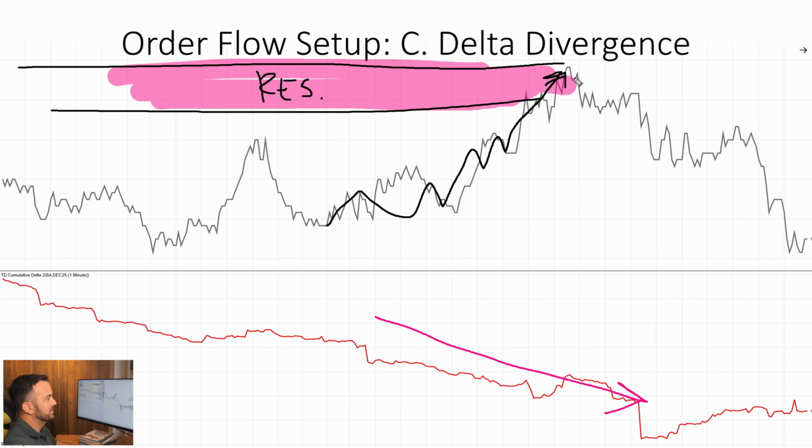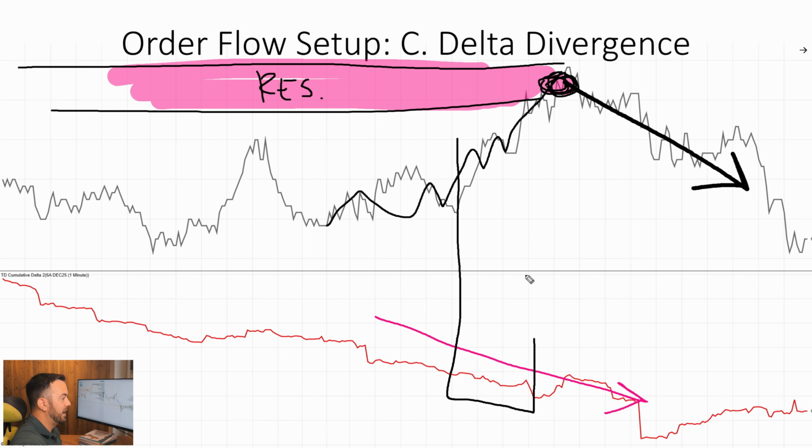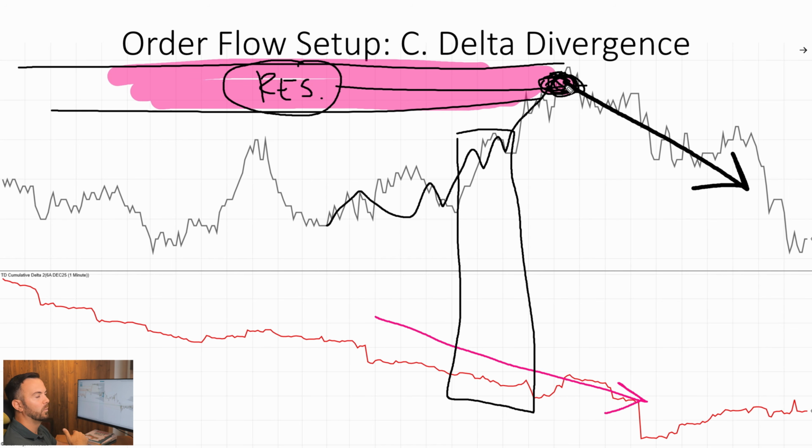So when the price reaches the resistance, that's when you want to go short, right? You don't go short when you see first signs of the divergence, for example, here. You don't. You wait for your moment. You wait for the price to reach that resistance, and this is where you go short, right? This is where you enter your trade. Eventually, the price will follow delta.